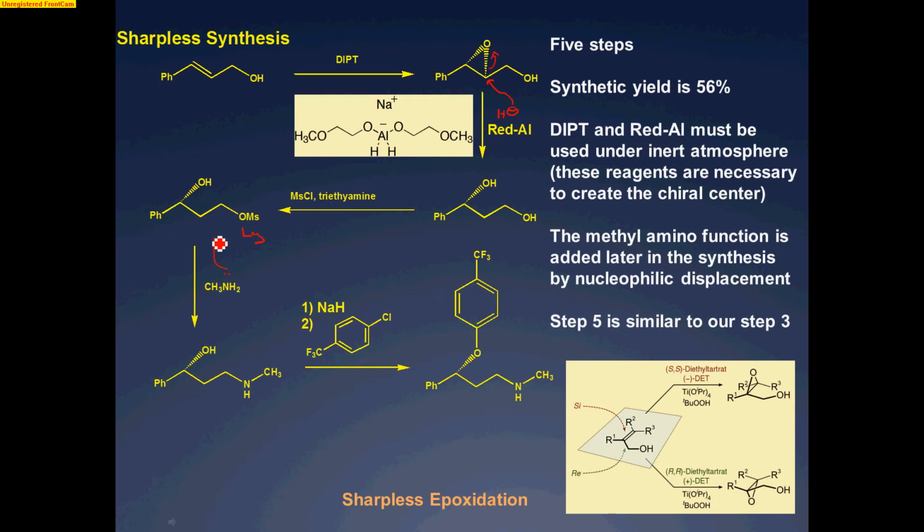So here's your lone pair. It will react here and kick off your mesylate to give you this molecule, and then all you need to do at that point is add in your trifluoromethyl aromatic group, which is experiment 3, which we will not be doing.